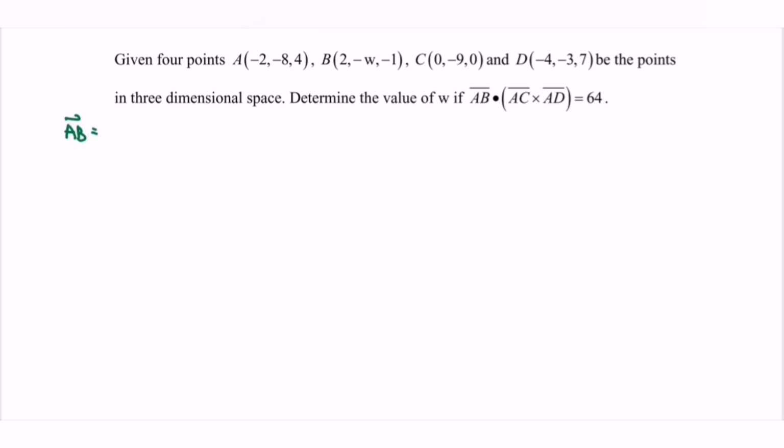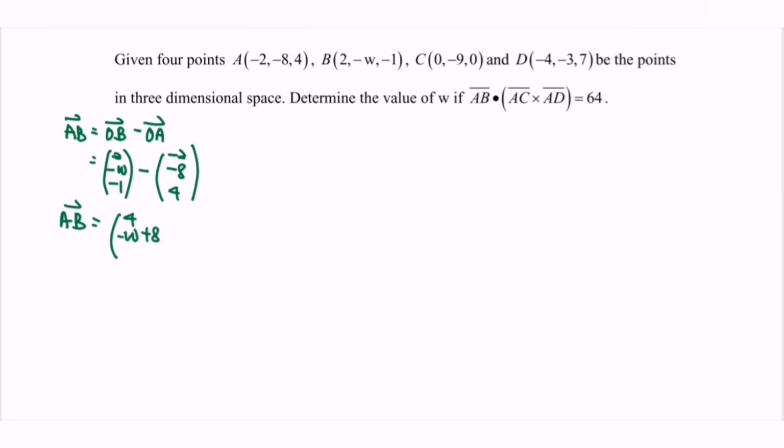We have the vector AB, which is equal to OB minus OA. Kindly substitute the value. So finally, we have the vector AB equal to (4 minus W, 8, negative 5), where we have the direction of AB.